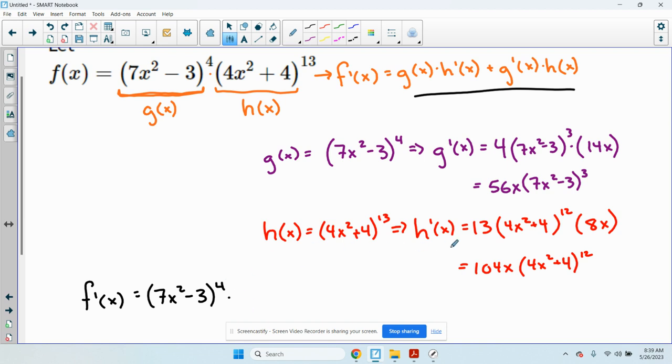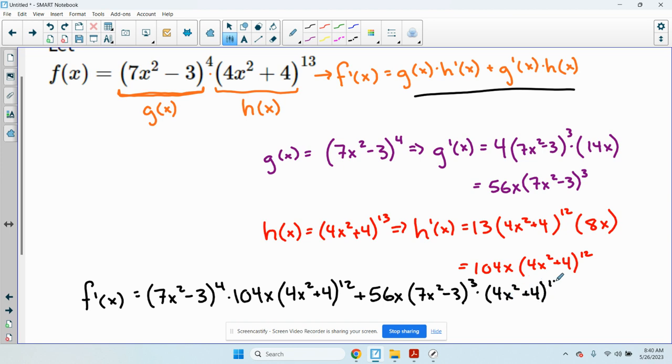That's first, times the derivative of the second, h prime, which is right here, 104x times 4x squared plus 4 to the 12th. Plus, now we're going to write g prime, which is this, 56x times 7x squared minus 3 to the third, times h, which is 4x squared plus 4 to the 13th power.